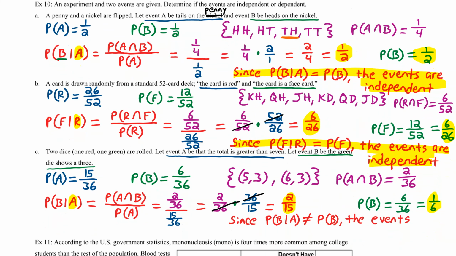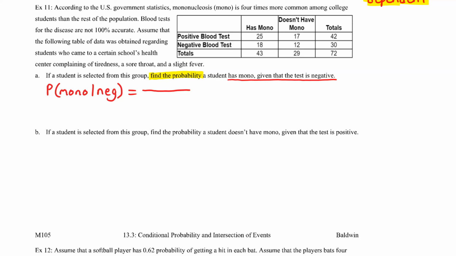So when we set this up for our fraction, we're starting with that first event. So in this scenario, mono is event B, testing negative is event A. So what we're looking at is we have all of these 72 students. We are thinking about event A is how many students tested negative all together. That's our starting point.